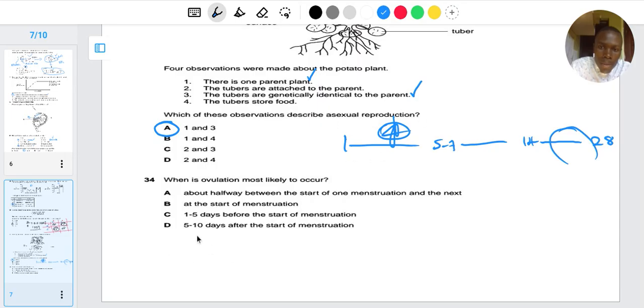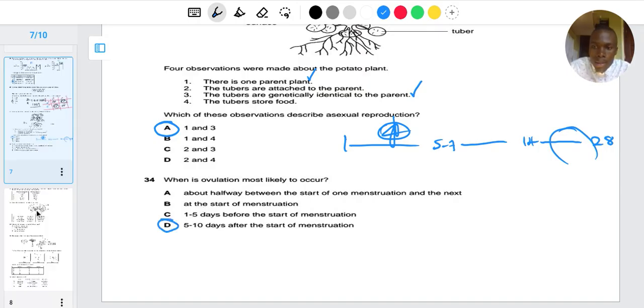Then from day 5 to day 7 after the start of menstruation, ovulation can occur up to day 14. So our answer here is going to be D.